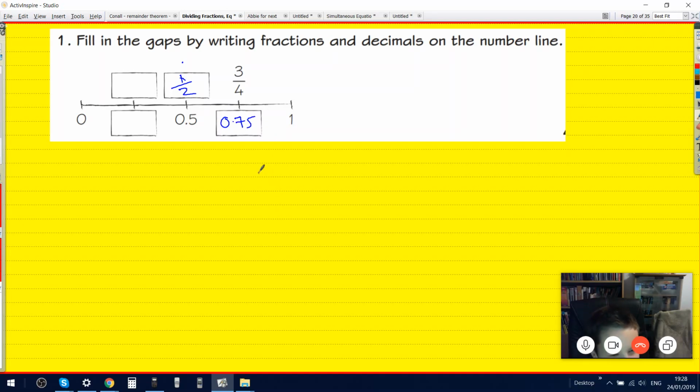For the other one, for the first one, I think... Actually, hang on. I think for the bottom one it's 0. So what do you think this is? It's halfway between 0 and a half.